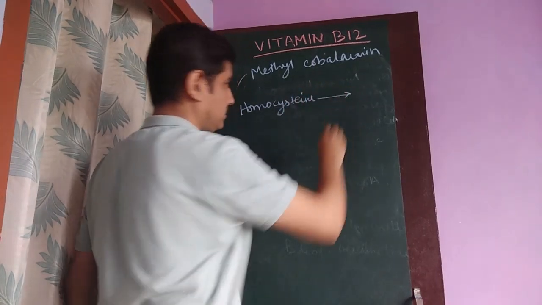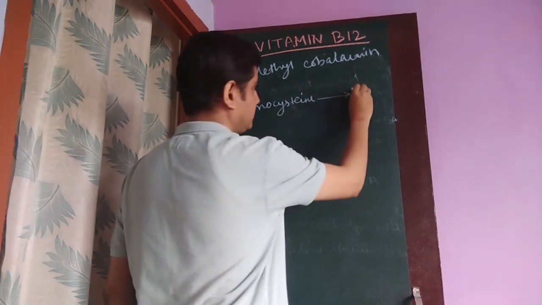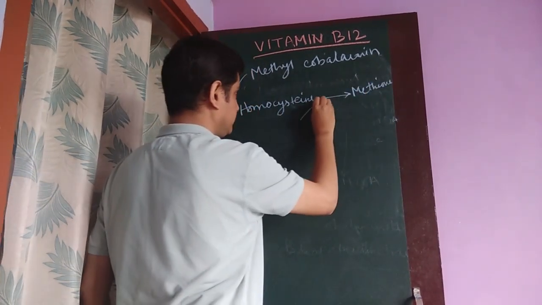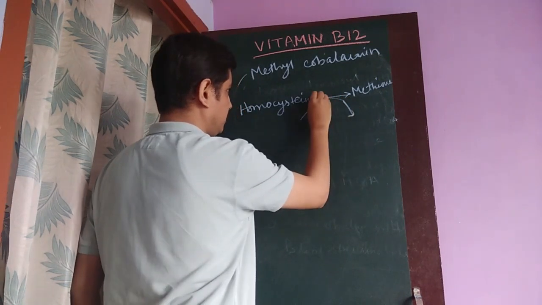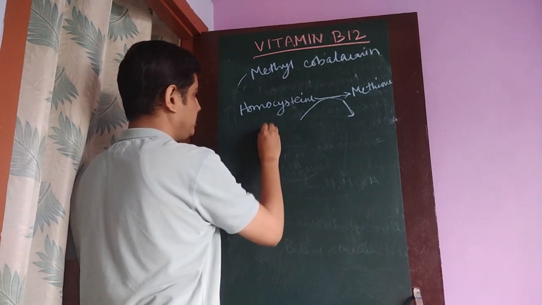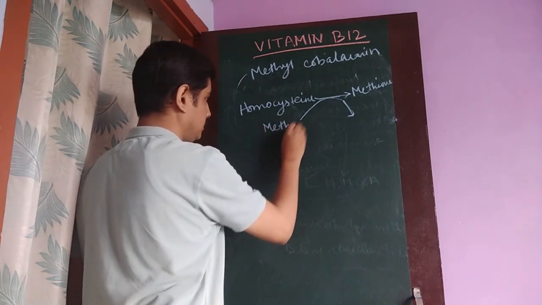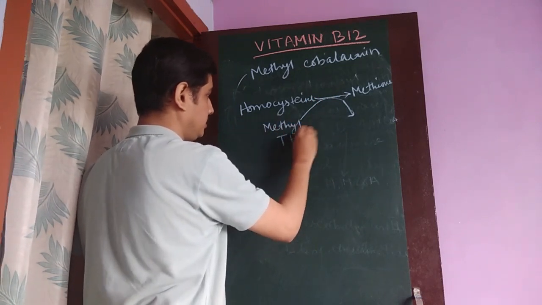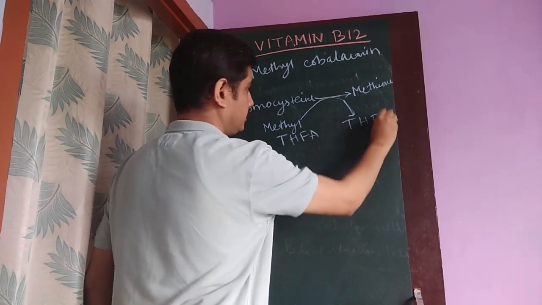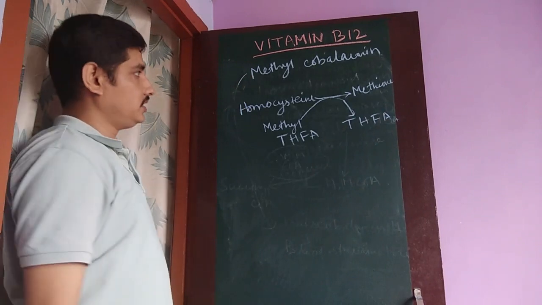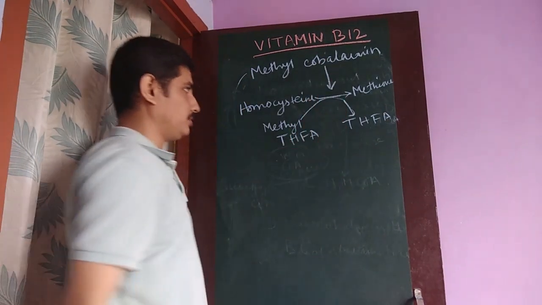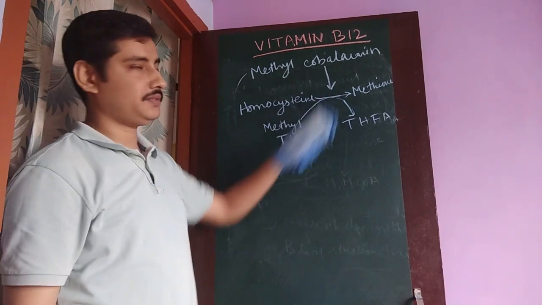Homocysteine gets converted into another amino acid, methionine, and this is a combined reaction which occurs with conversion of methyltetrahydrofolate to tetrahydrofolic acid. So this is a combined reaction which is helped by methylcobalamin. This is how methionine is formed.